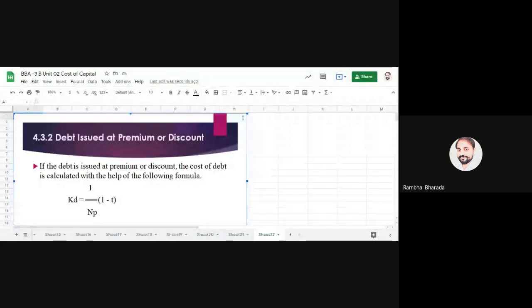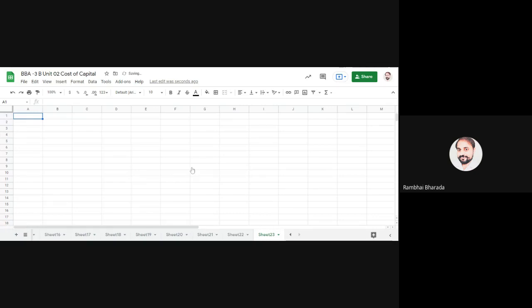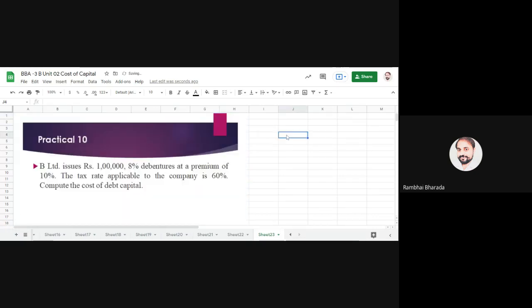Okay. Let me share one practical question to clear this formula. Your KD is equal to I upon NP into 1 minus T.